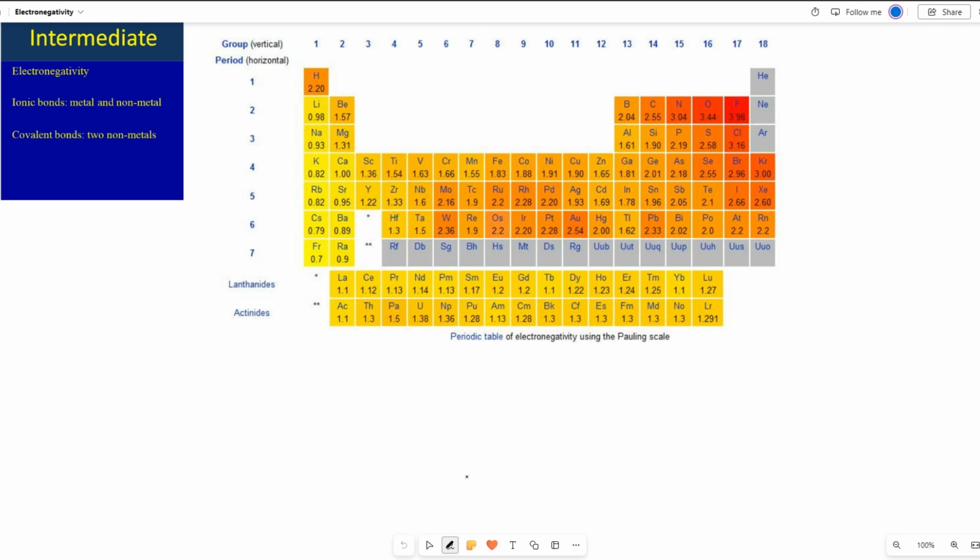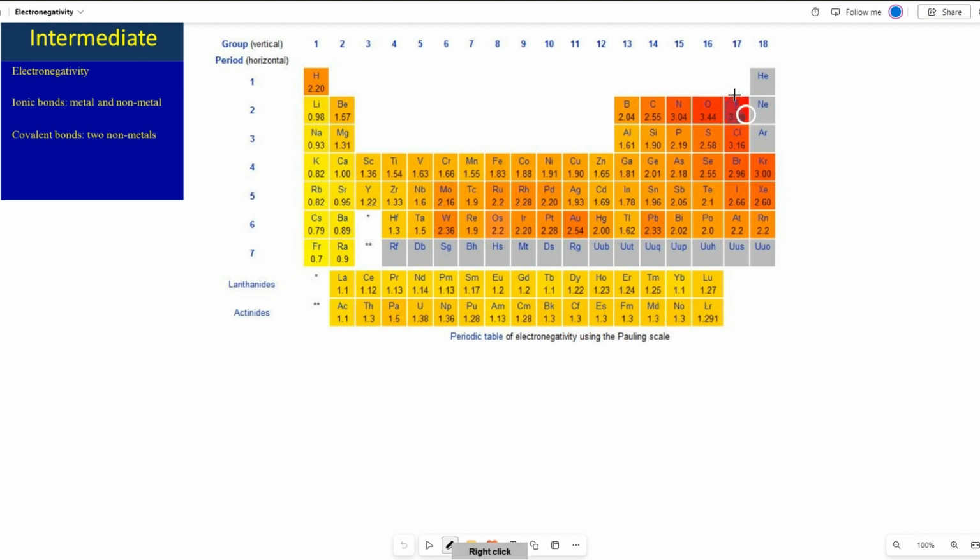So electronegativity is defined as the ability of an atom to pull electrons towards itself. We have a periodic table up here on the screen, and it's not your regular looking periodic table. These decimal numbers down here are not the atomic masses, they are the electronegativities of the atoms, or how well the atoms can pull electrons towards itself.